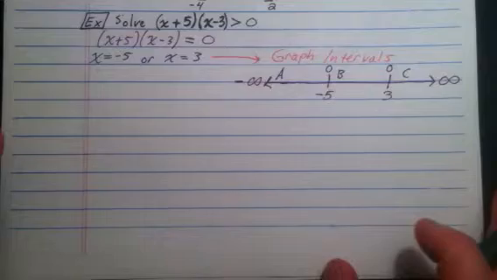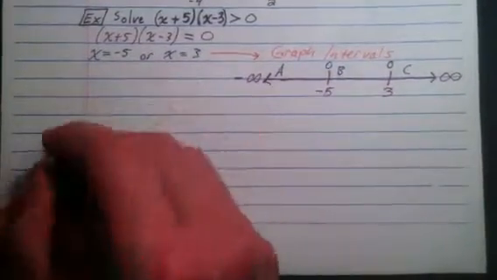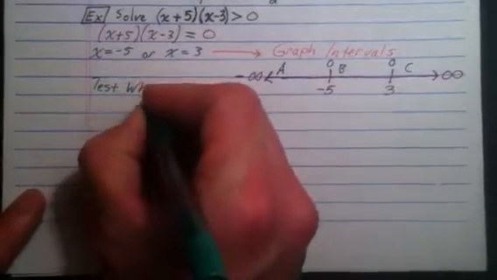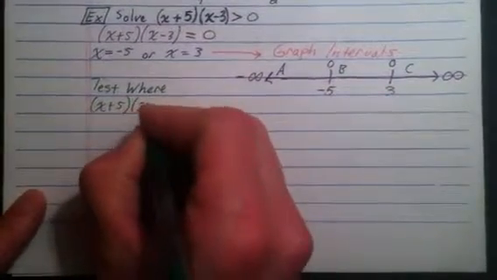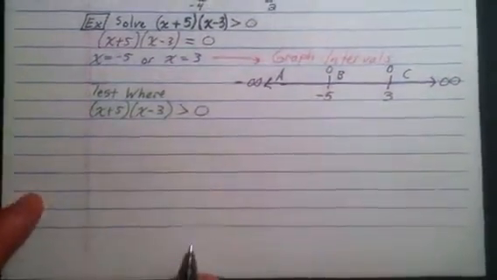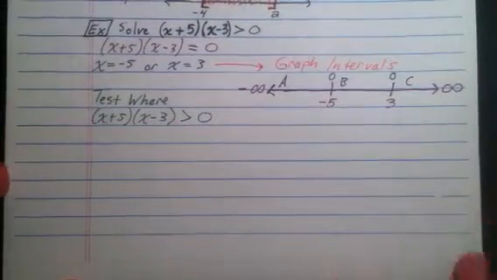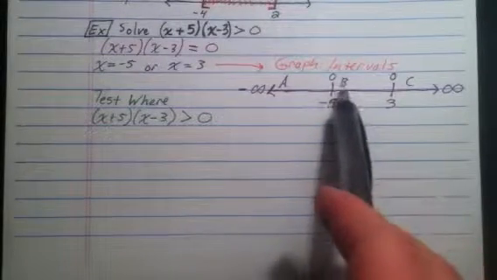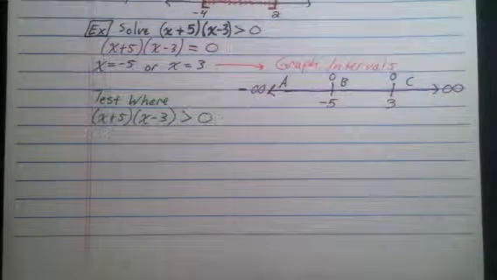So that's what we have to now test. We want to use that interval test again. So we're going to test where x plus 5 times parentheses x minus 3 is greater than 0. Let's pick a number in each interval, starting with interval A. Interval A is everything from negative 5 to the left, so we could pick a number like negative 6.